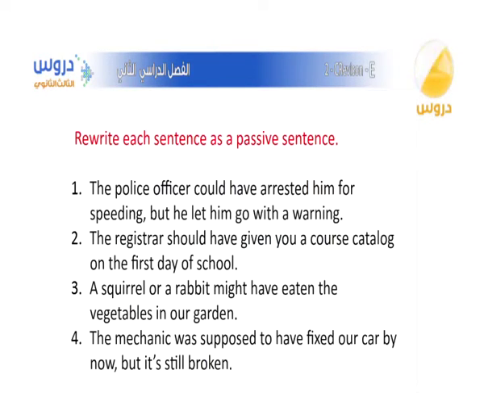So we want to begin by talking about the one who is speeding, and we don't know what his name is, so we just say he. The answer is he could have been arrested for speeding, but was let go with a warning. We just begin with he, and by he we mean the guy who is speeding.